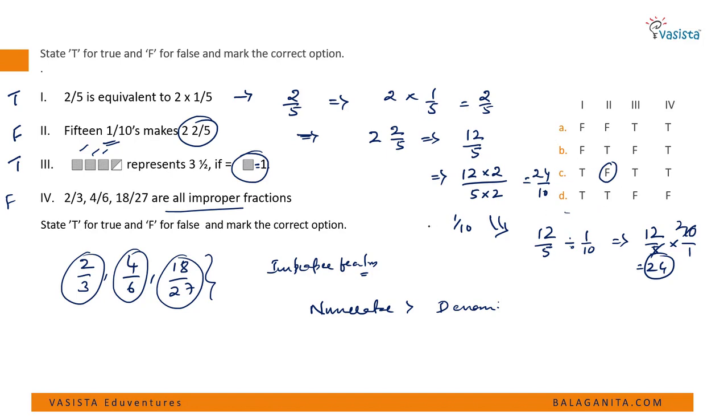The options are not right here. So the answer here is T F. It is a typo mistake. Typo mistake here. So the answer here is T F, true, false.